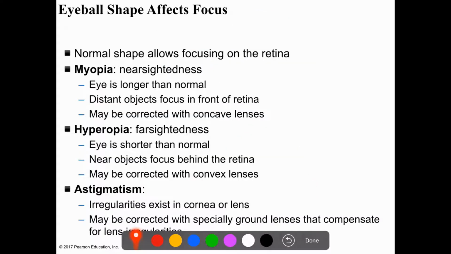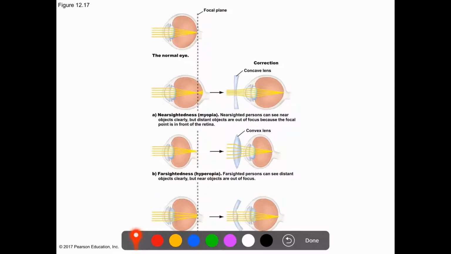Now, eye shape would affect the focus, because in the normal eye, the light or the image is always going to fall on the retina. However, we have conditions like myopia, which is nearsightedness. Here, the person can see near objects clearly, but distant objects fall out of focus, simply because the focal point in this case would fall in front of the retina.